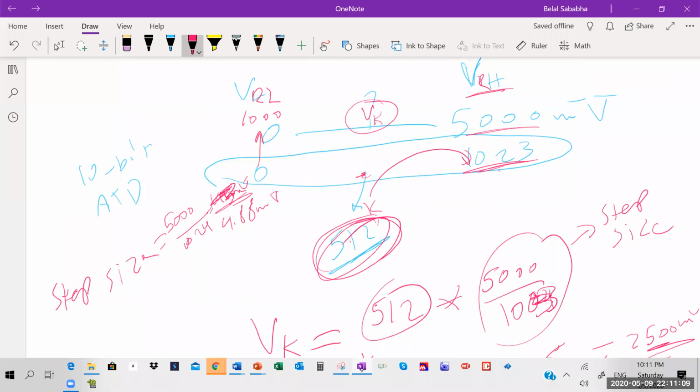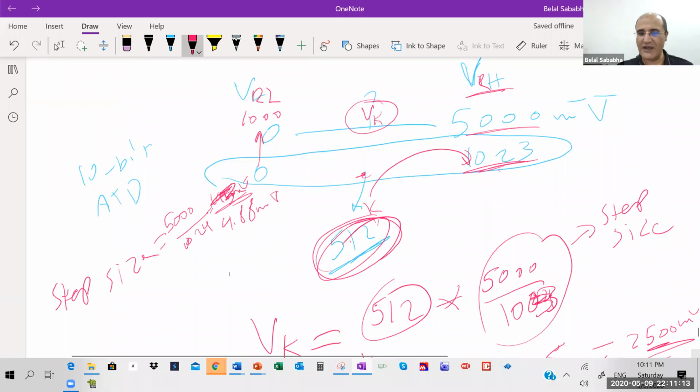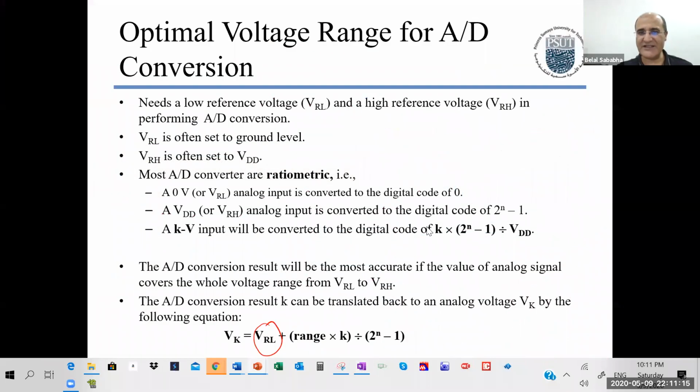So the reading you get depends on the voltage references. And this is one important characteristic of an A to D: what voltage references can you deal with? Usually they are 0 and VDD, the high voltage of the controller. But sometimes you can have a voltage reference that is different.